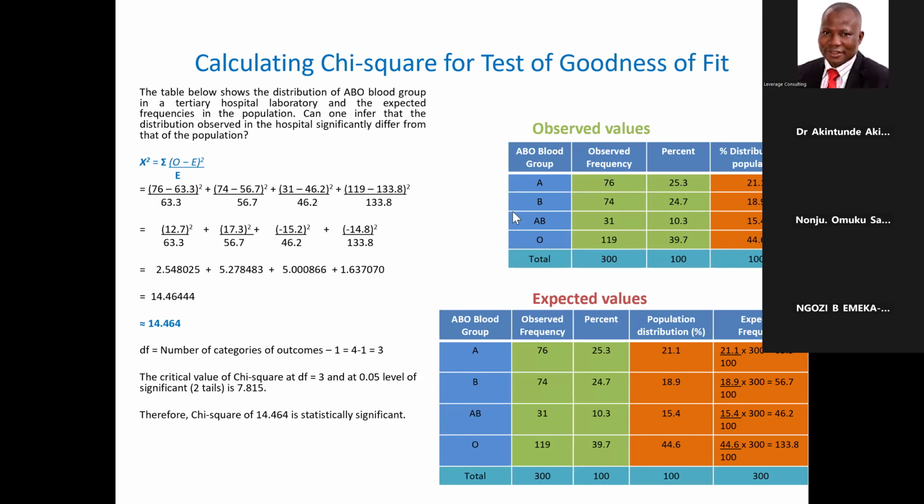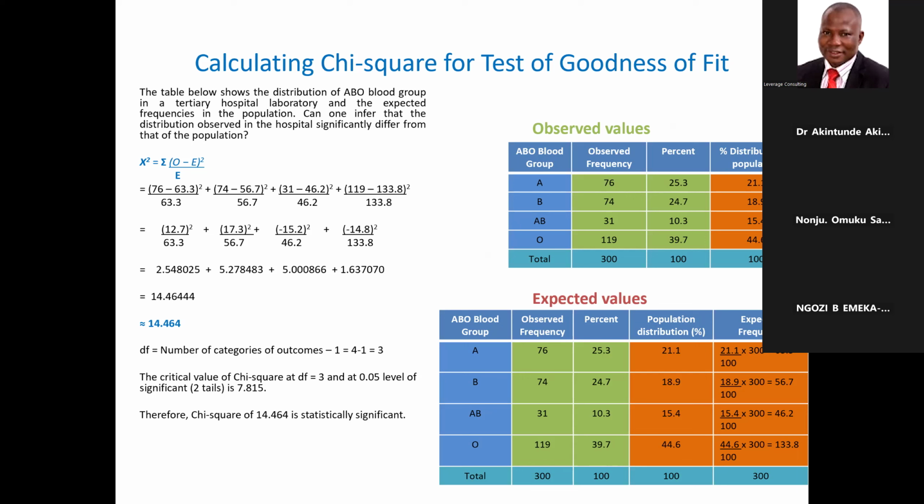So the way you calculate chi-square for goodness of fit is, you see the table, look at that scenario. I put the observed values in the table. Let's say your sample size is 300.